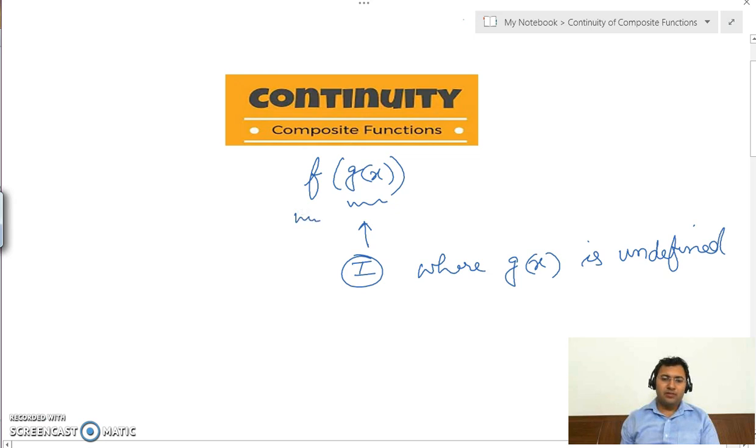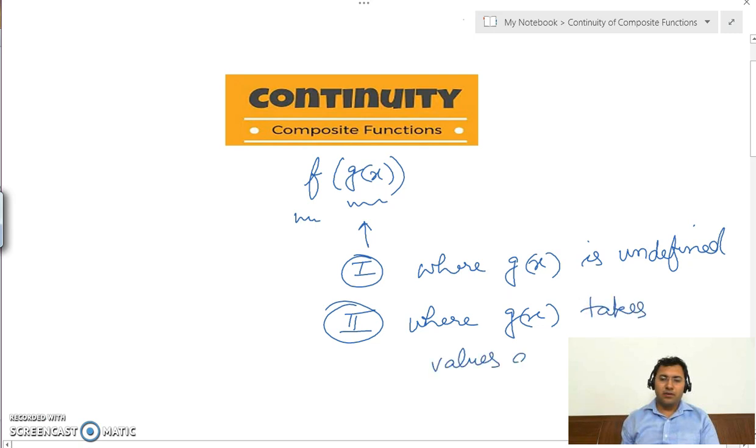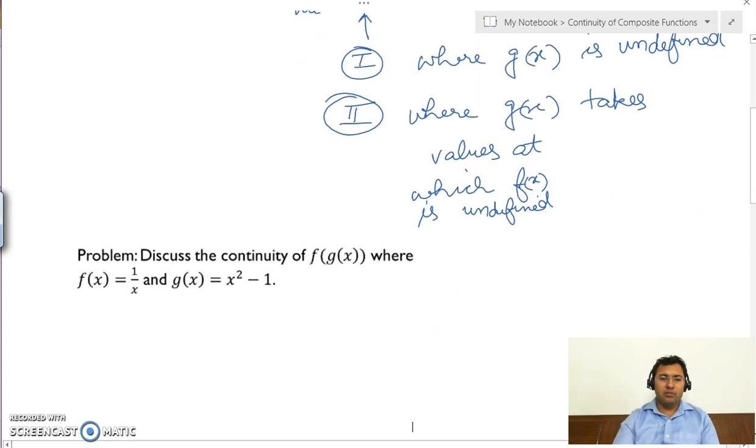At points where g(x) takes the values at which f(x) is undefined or discontinuous.